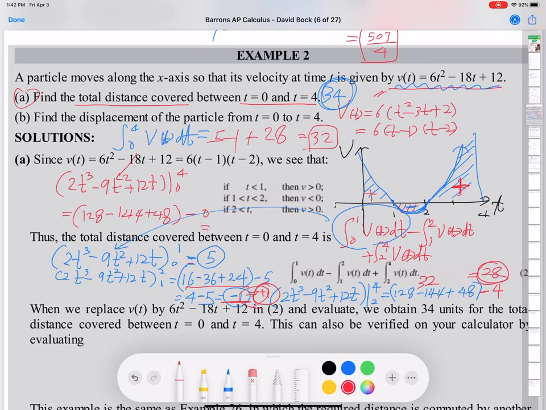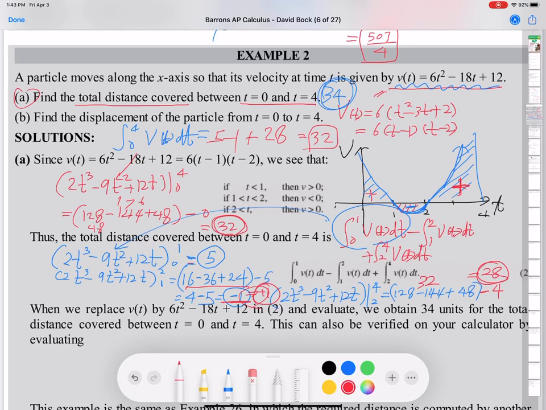So it's 128 plus 48, 176. 176 minus 144 is 32. Same answers anyway, right? So the integral from 0 to 4 of v(t) dt is the displacement for 4 seconds.